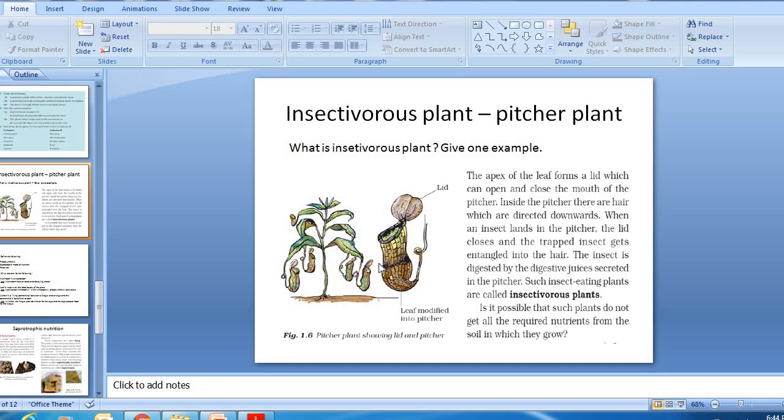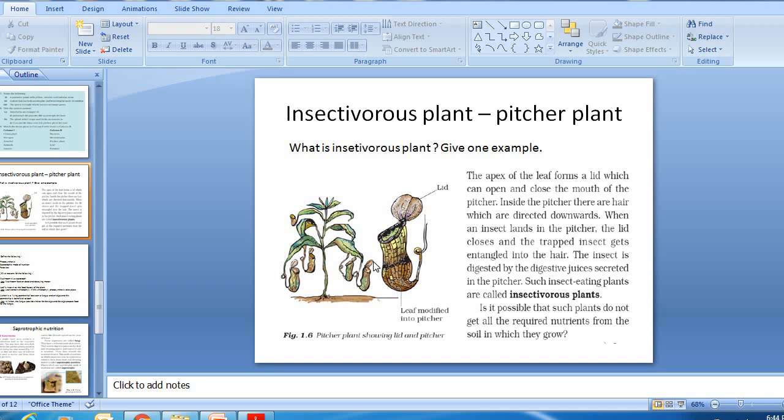These pitchers are for trapping insects. Why does a plant want to trap insects? Do you know plants eating insects? Yes. In lower classes also you have learned about insect eating plants. What is the need of eating insects for them? Is it their hobby? No, it is not their hobby.